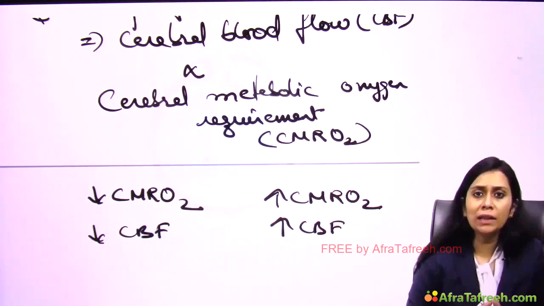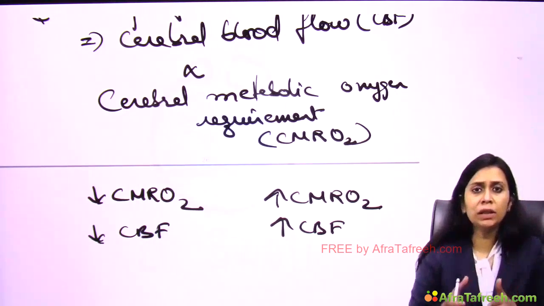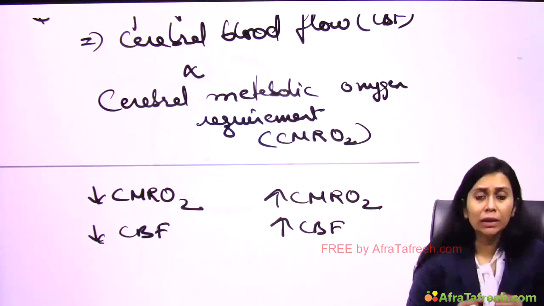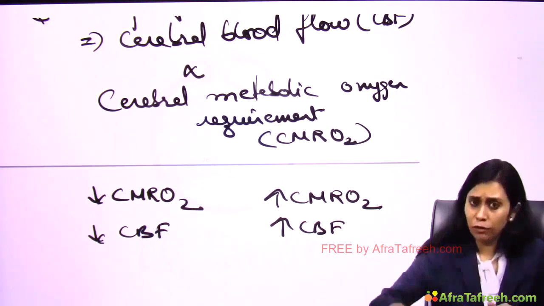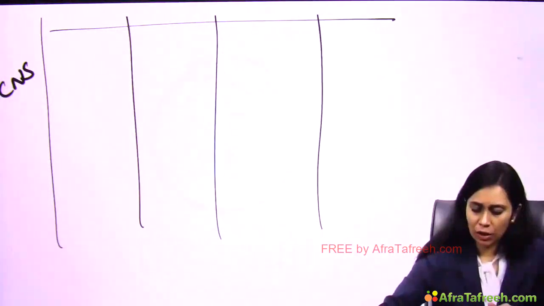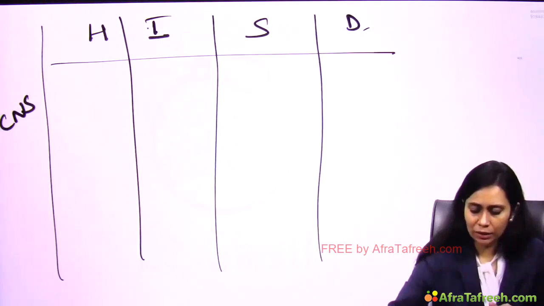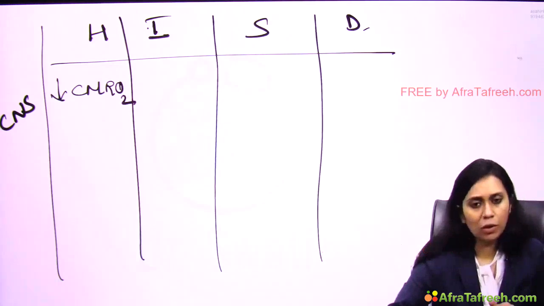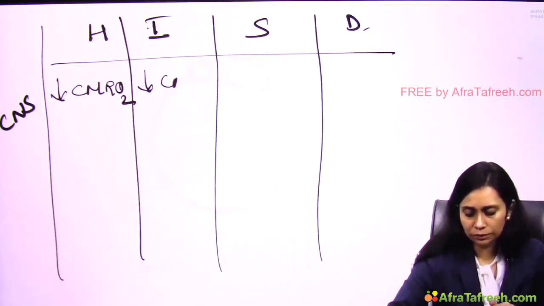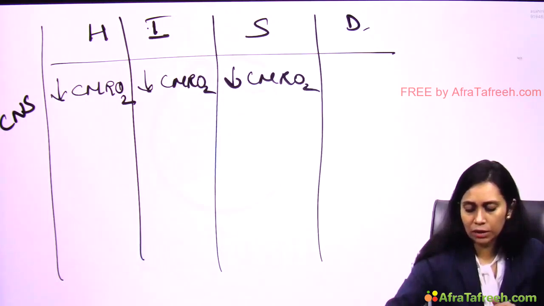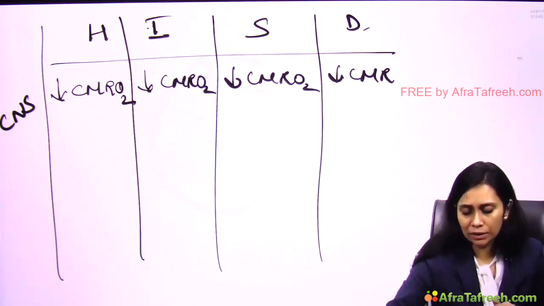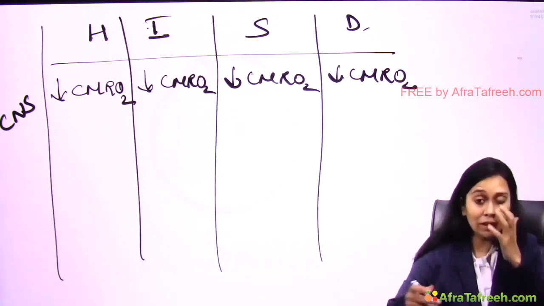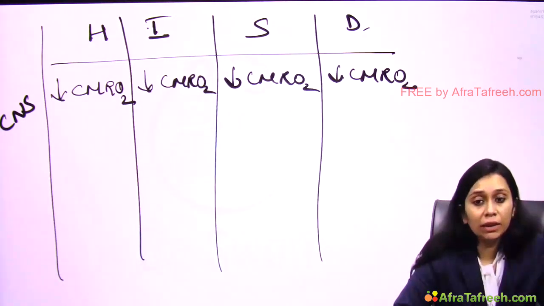So all anesthetic agents, irrespective of whether inhalational or IV, decrease CMRO2, cerebral metabolic oxygen requirement. If I was discussing IV anesthetic agents also, I would have written the same thing.